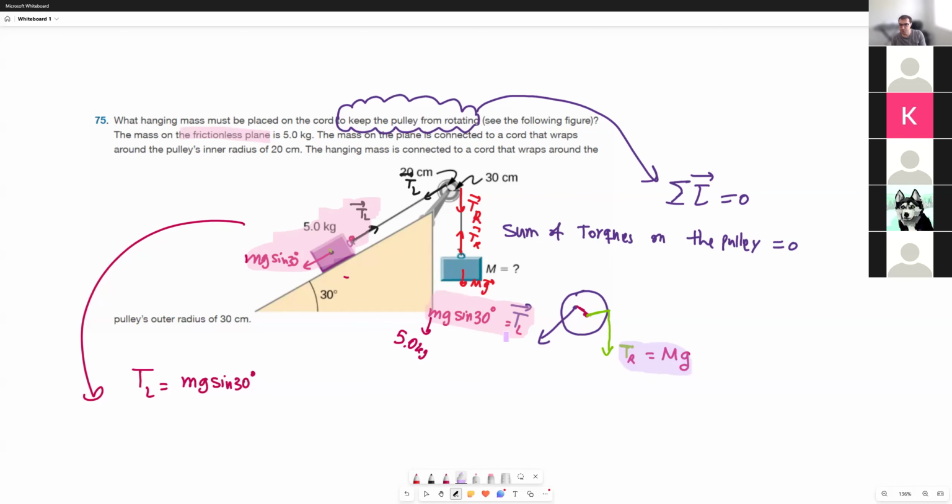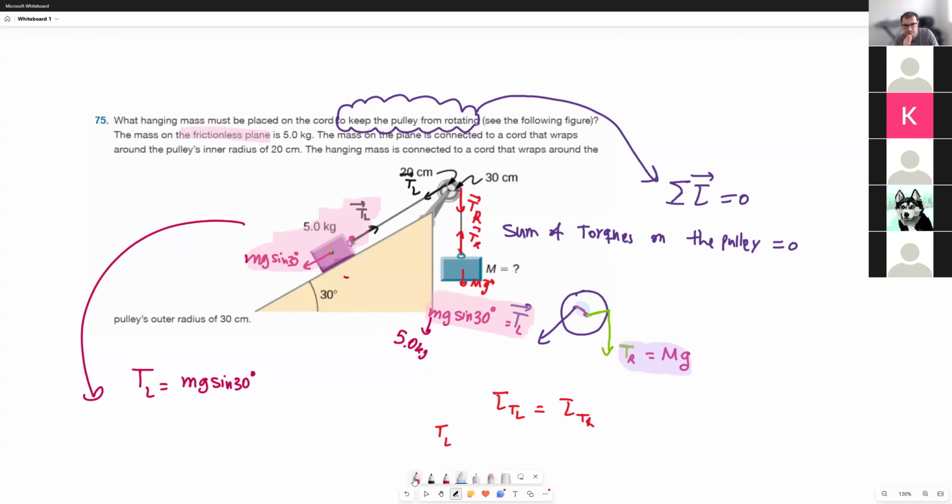Torque of TL is going to be equal to torque of TR. Torque of TL is how much? It's going to be TL multiplied by the magnitude of the R to the center, which is this.